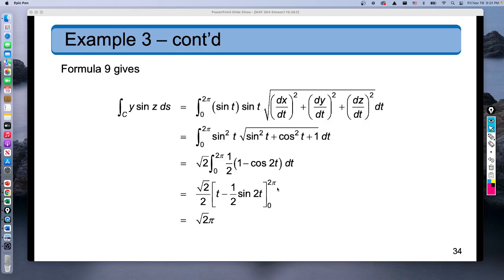Gotcha. 0 to 2 pi. You can plug those in. When you plug in 0 for t, sine of 0 is 0, so this is all 0 on the back end. At 2 pi, sine of 4 pi, that's also 0. So this is 2 pi, the 2's cancel, so you get square root of 2 pi.